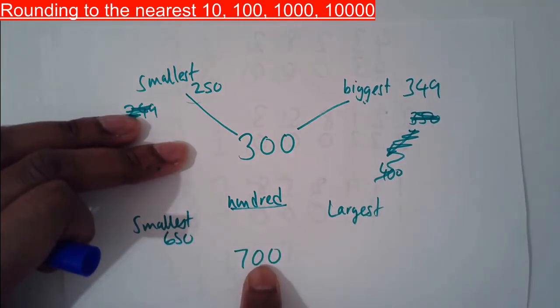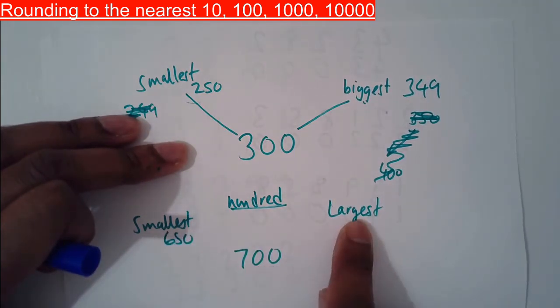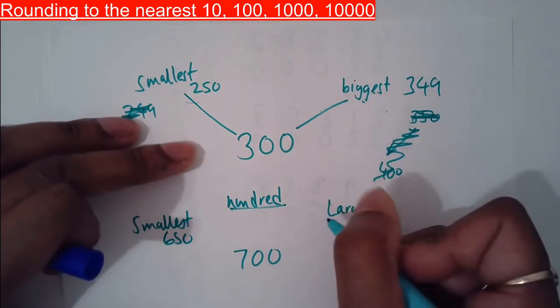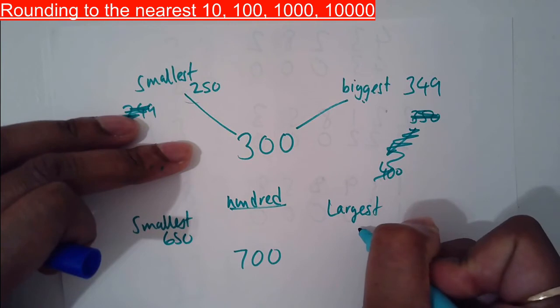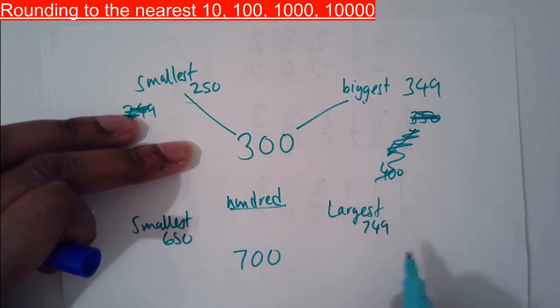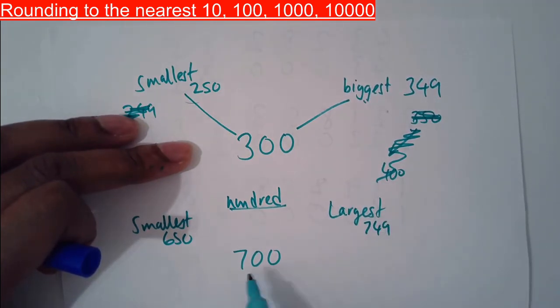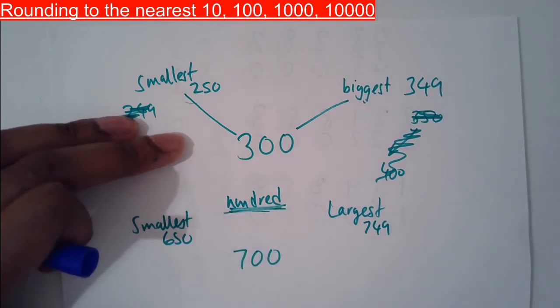For this one, you add 50, and then minus 1. That's going to be 750 minus 1, 749. So 749 rounded to the nearest 100 gives you 700, and 650 rounded to the nearest 100 gives you 700. That's the largest and that's the smallest. And any numbers in between rounded to the nearest 100 will give you 700.